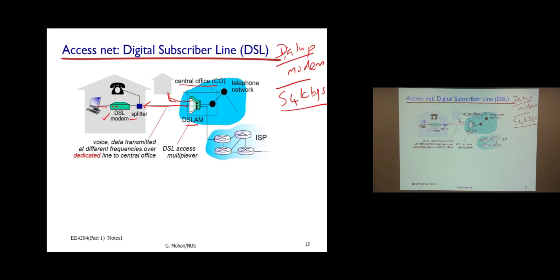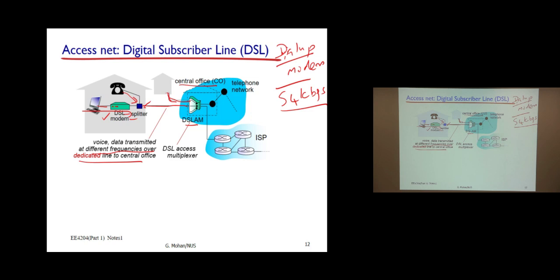The voice which is transmitted here and the data signals which are transmitted from here are transmitted at different frequencies on a dedicated line. Dedicated means different homes have different cables. Line means link, cable. Don't think that it's a spelling mistake or anything.